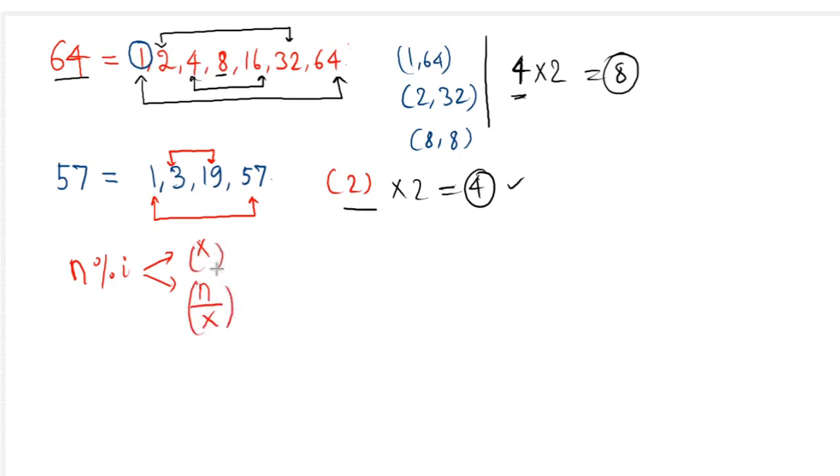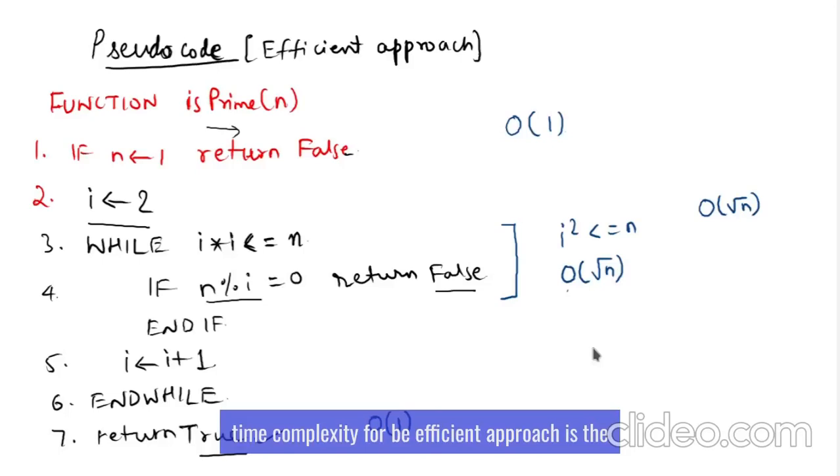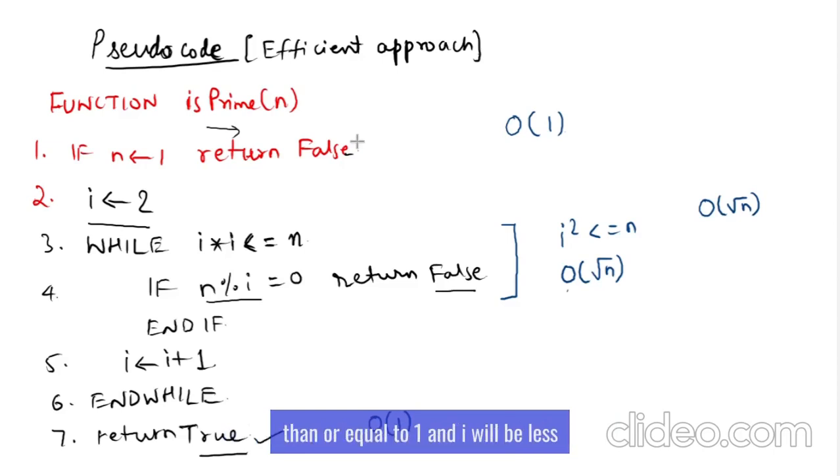Time complexity for the efficient approach: the first statement will be executed in big O of 1, and the while loop will be executed in big O of square root of n. Why? Because i squared would be less than or equal to n, and i will be less than or equal to root of n.